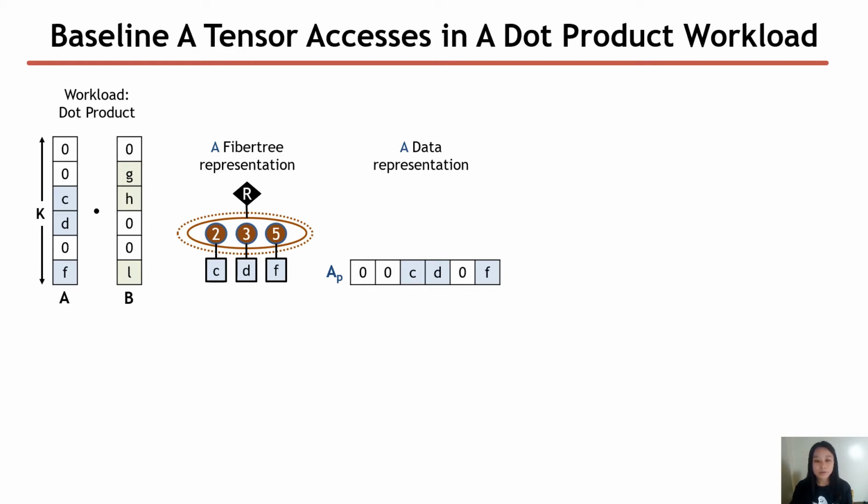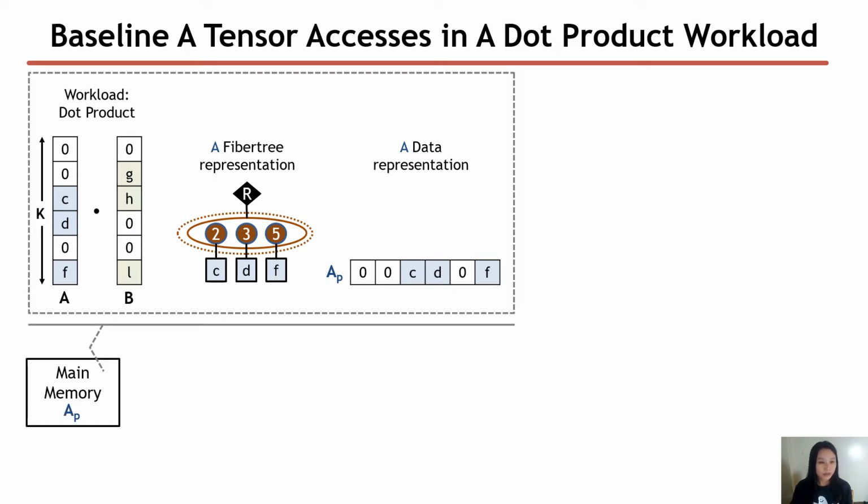We will also be able to represent A, and let's focus on the default uncompressed A representation for now, which is essentially a payload of A with all of its values. So how do all these different types of access happen?